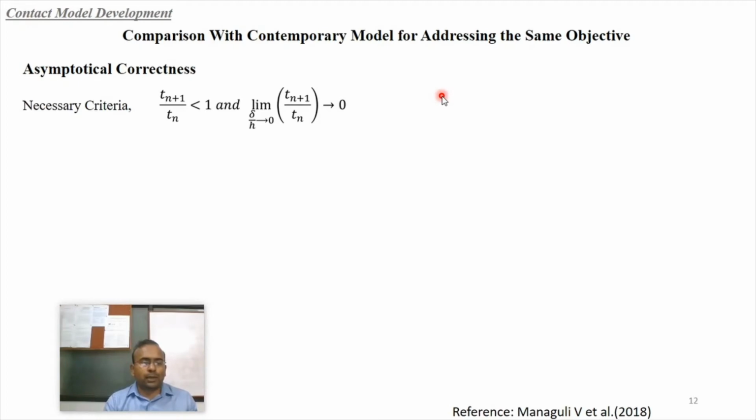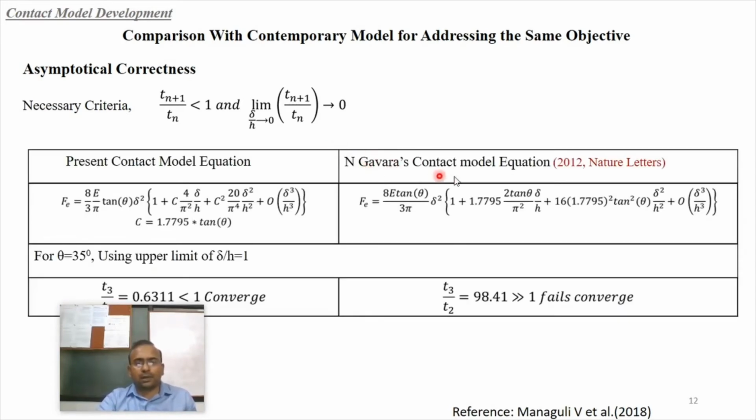And in 2012, there is one more paper in Nature Letters by Garcia, and we made a comparison with the equation which is closest to our expression. So we selected Garcia's contact model equation. Here is the equation from Garcia's paper, and this is the one that we have derived.